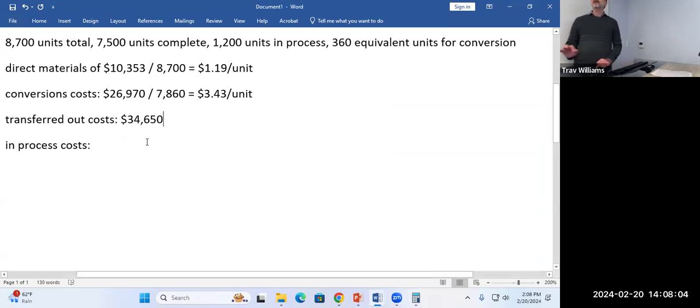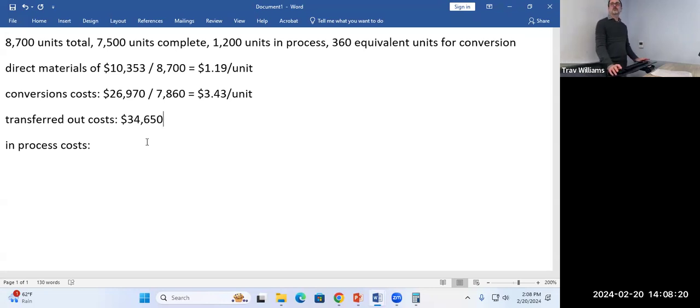But then to figure out the cost of what's still in process, how do we do that? By the conversion cost. So basically, remember though, for material purposes, we have 1,200 units in process.